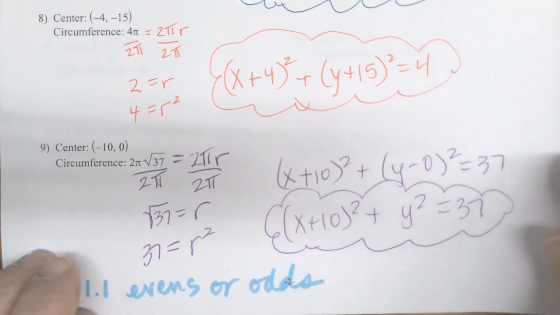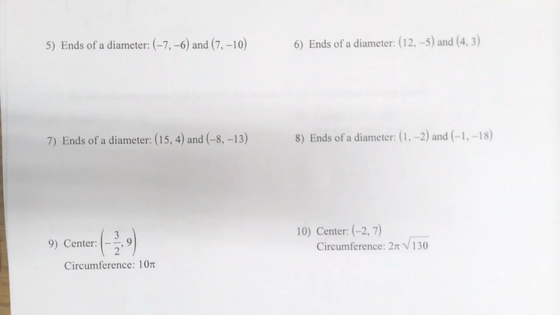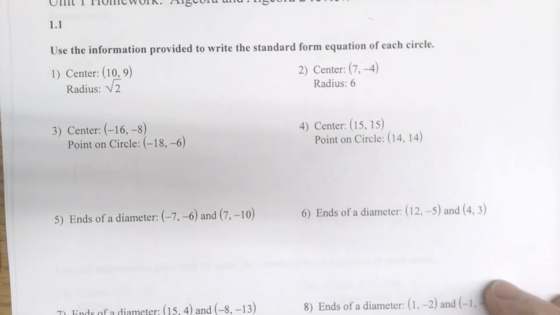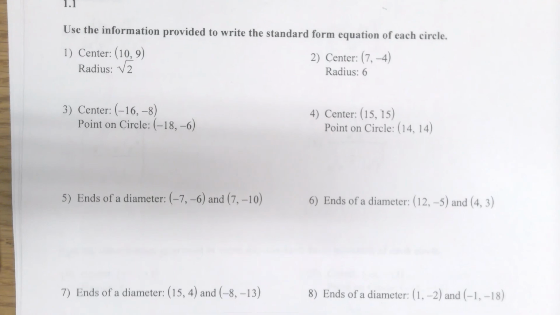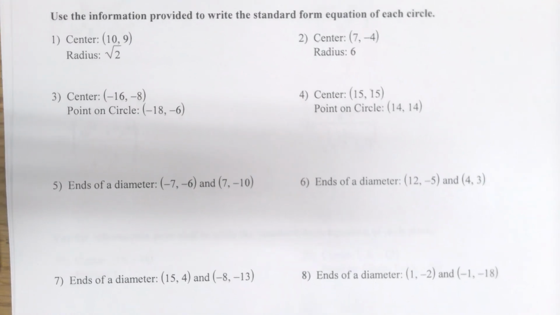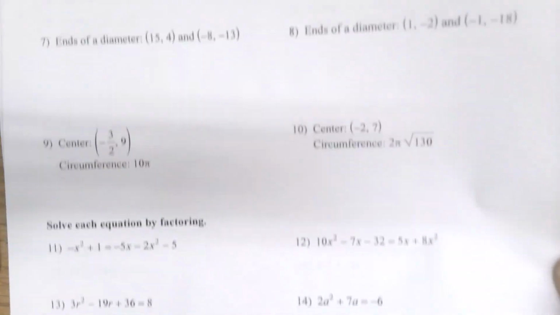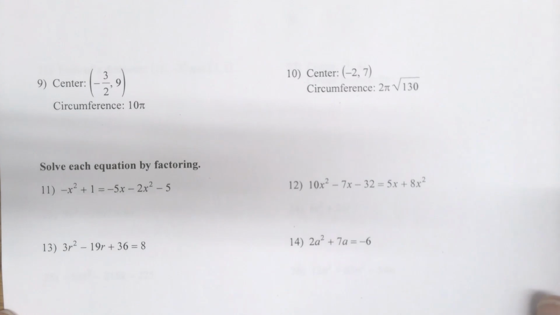Just pick which one that you want to do. It's not both. I'm not saying do half. It's not like, oh, I'm really good at this kind, so I'm going to do 1 through 6 and call it a day. No, you need to pick evens or odds. That gives you a sampling of each type of problem that you have to do. So what you have is 7 total problems that you need to work on for homework.